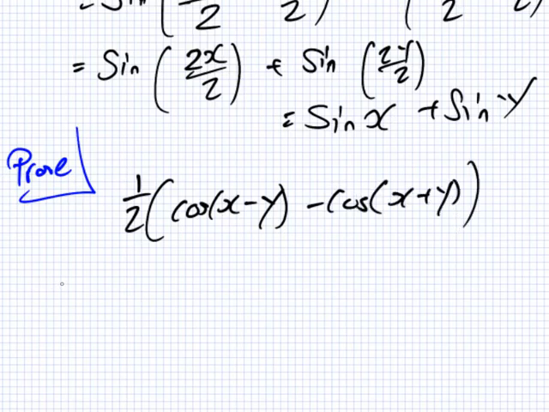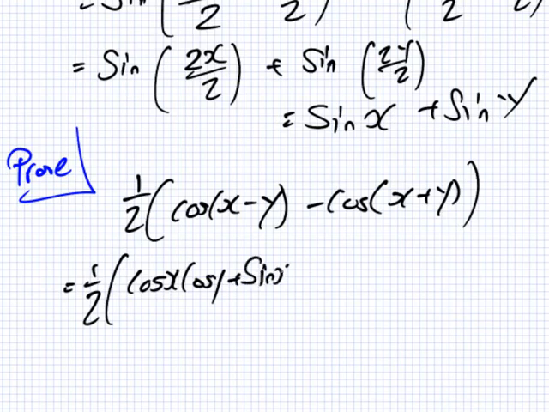That's the one we're doing, isn't it? Yes. So we can use compound angle. This would be cos x cos y plus sine x sine y minus cos x cos y, minus minus, no hang on, there's going to be a plus here.